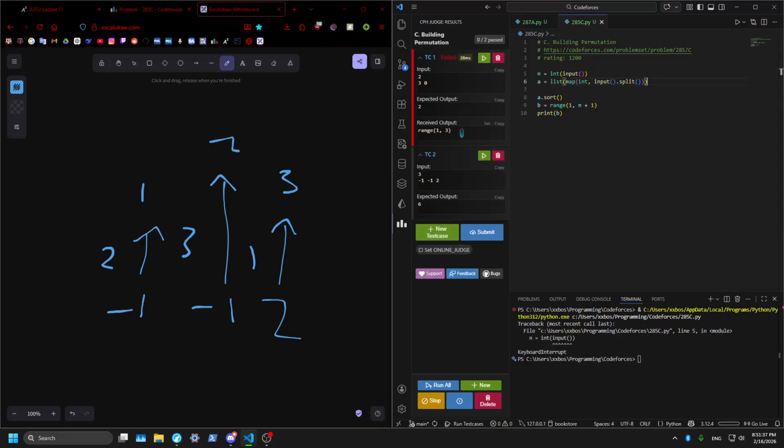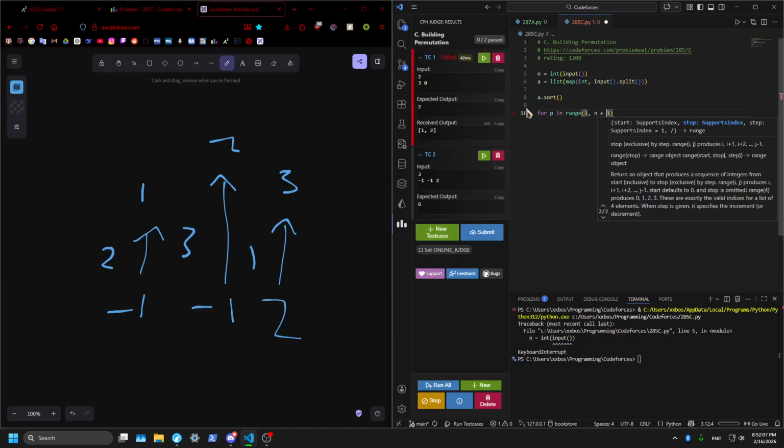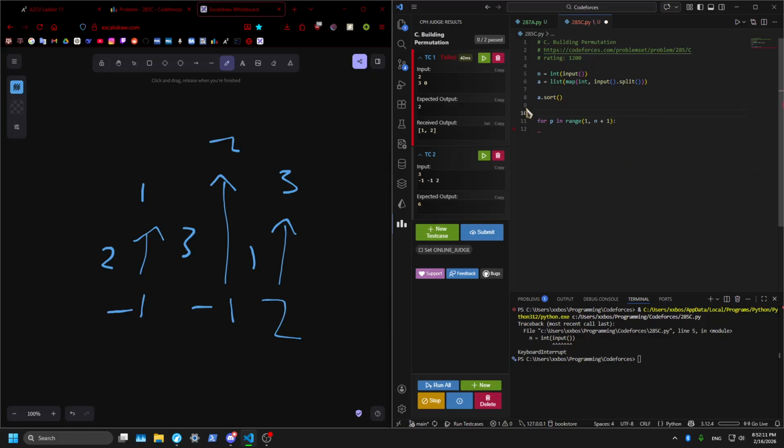Okay, so what we can actually do is something like for p in range 1 to n plus 1, to print equals 0, to print plus equals p minus a p.